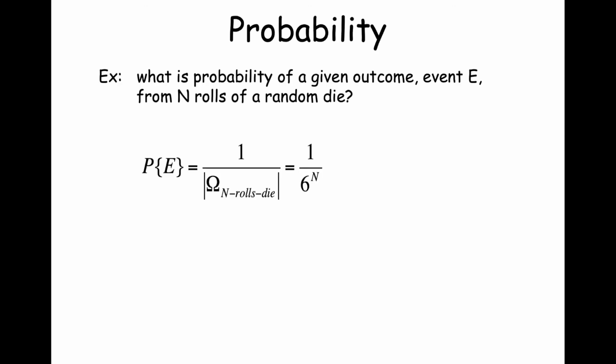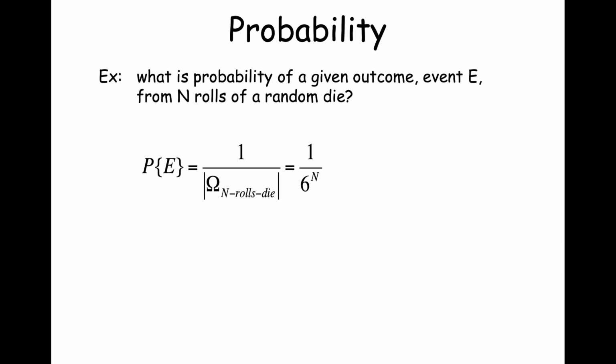We said the probability of a particular outcome, that is a string of roll outcomes, big N long, the probability of a single instance of big N many rolls of a die, because each die roll outcome is equally likely, it's random, we express that probability as 1 over the cardinality of that sample space.